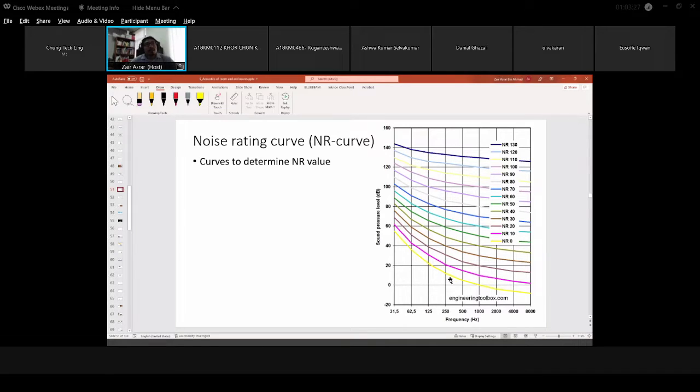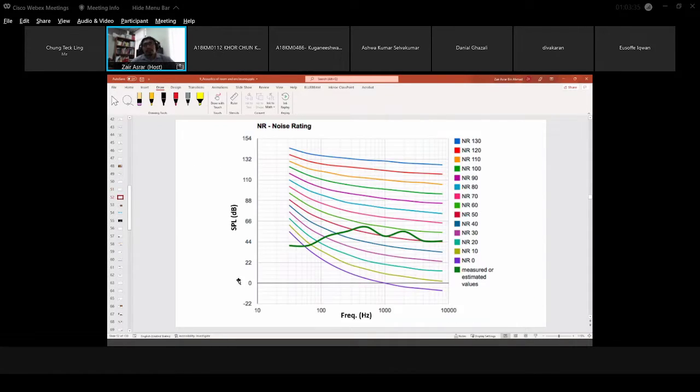Let's say you do measurement at different octave center frequencies, and you get something like this. You have different values at different frequencies, and if you want to report the NR value for that particular room, you check it against these NR curves.